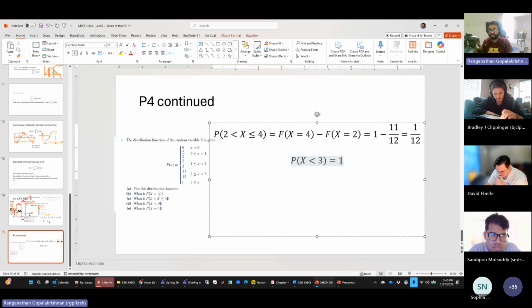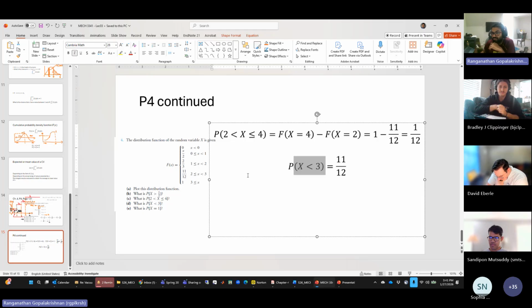So this is directly 11 divided by 12 from the table. No calculation needed. Everything until 3, which is x less than 3, is 11/12. That's what this statement literally means. F of x equals 11/12 as long as x remains less than 3, which is what we want. So it's 11/12.